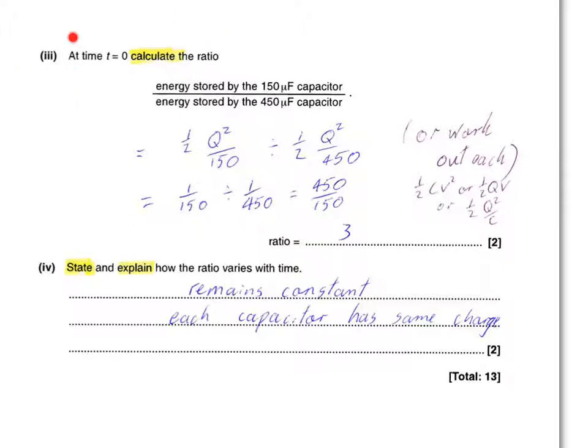The time equals 0 didn't come into it, what the voltage was didn't come into it, what the charge was didn't come into it. So because they've got the same charge, that ratio remains constant. And so that's the answer to the end. So that, and I think that's my record long video so far, is G485 Homework Booklet question 6.